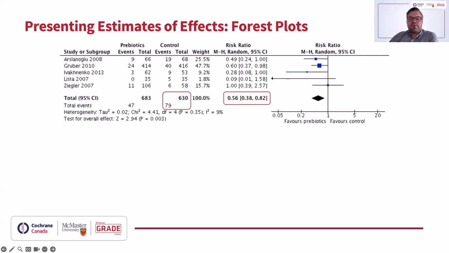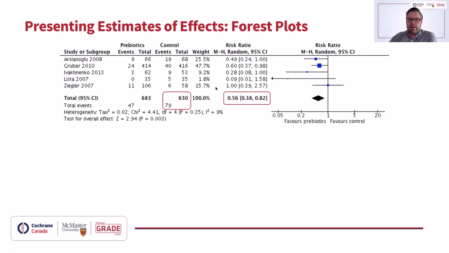Taking us through the calculations, because we do consider the decision thresholds in relation to the absolute effects, but we can convert back to risk ratios as well and apply the decision thresholds in our forest plot.